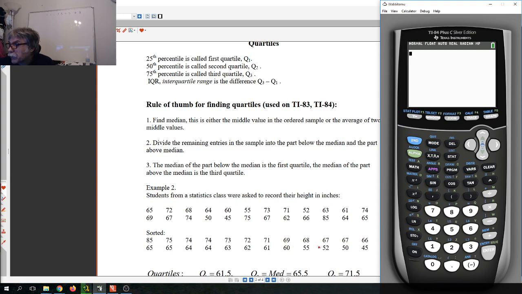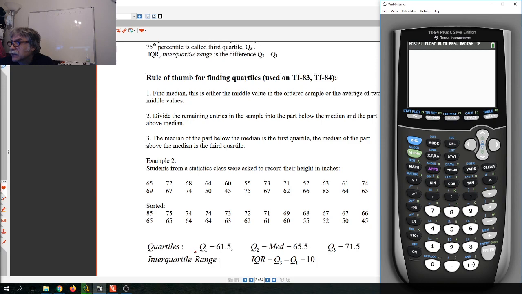So you have the upper half between 85 and 66, and the lower half of the sample between 65 and 45. I have 2 items in the middle, which would be the lowest part of the upper half, 66, and the highest part of the lower half, which is 65. The average of these 2 in the middle would be the median. So the median is 65.5.